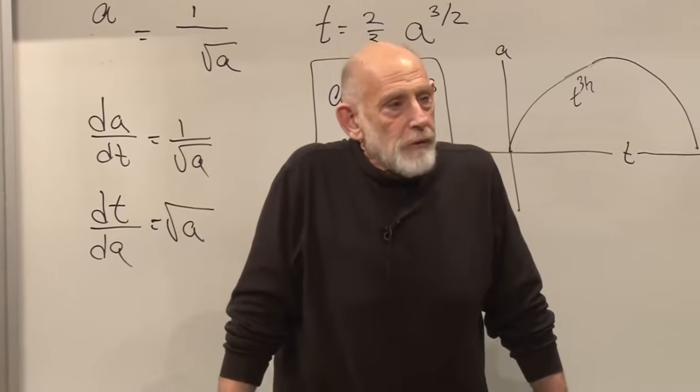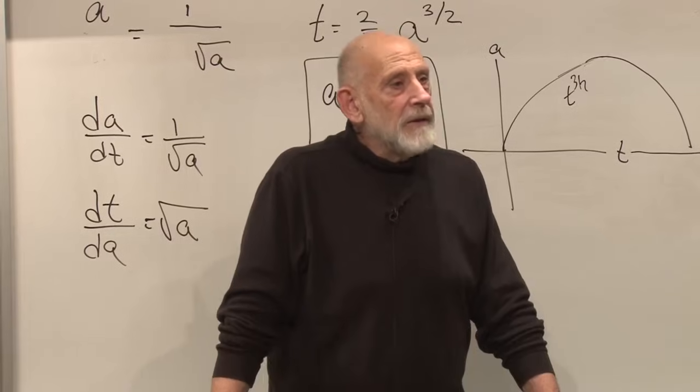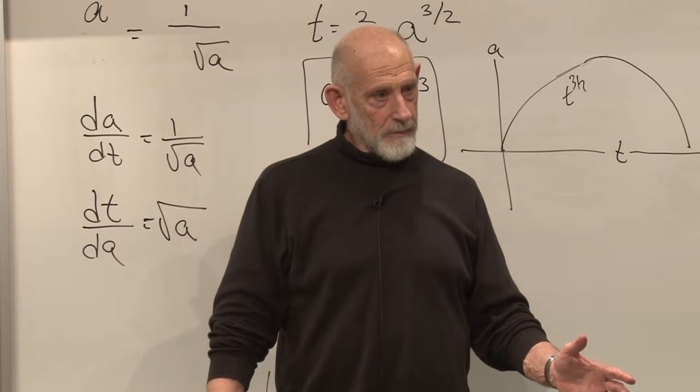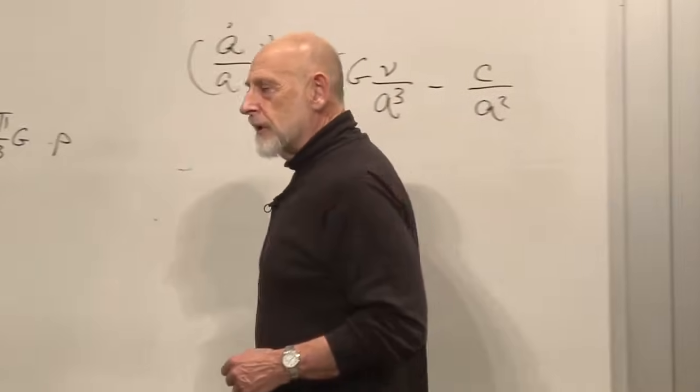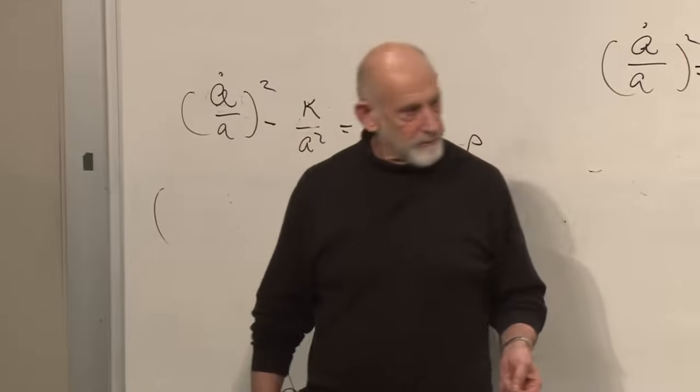But if the universe is filled with photons, then it's radiation energy. All right, so let's talk about radiation energy and how it's different from the E equals mc squared energy.